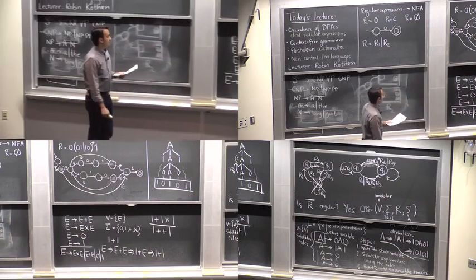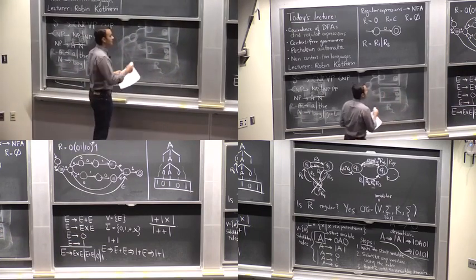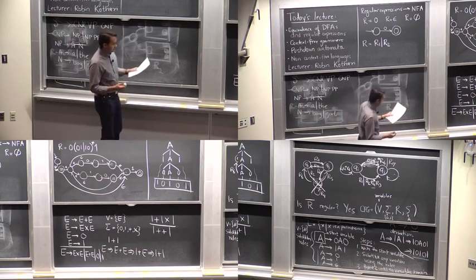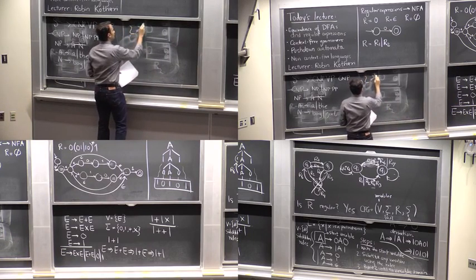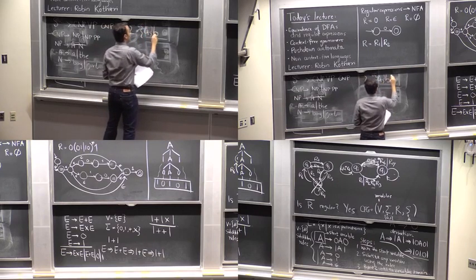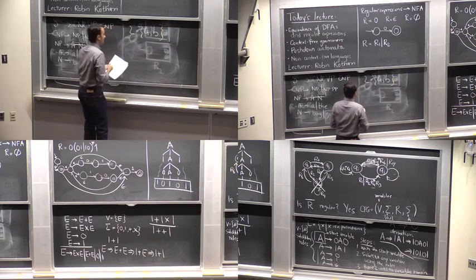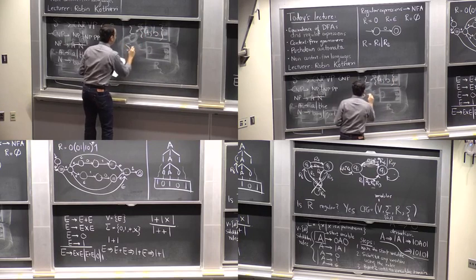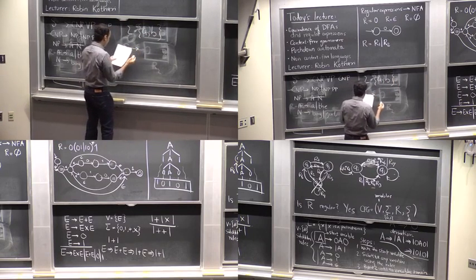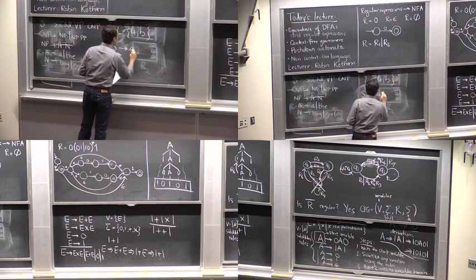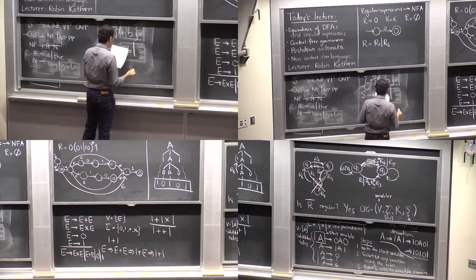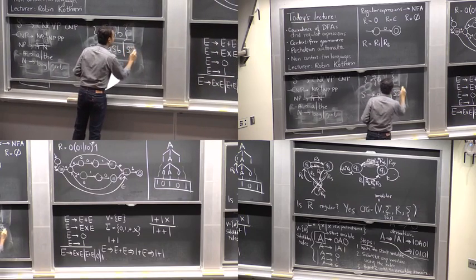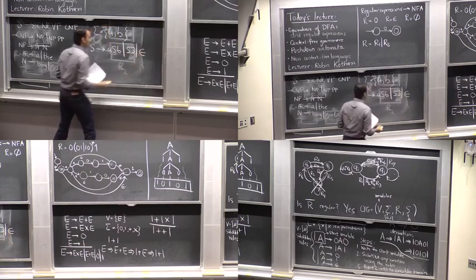So, OK, let me ask you guys a question just to see if somehow things are making sense. Let's say our alphabet is A, B. And now I have the context-free grammar. S is the start variable. It's A S B or S S or epsilon.